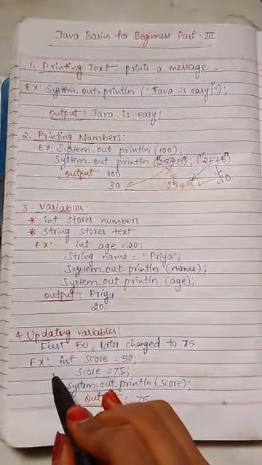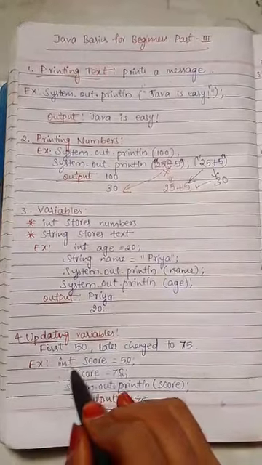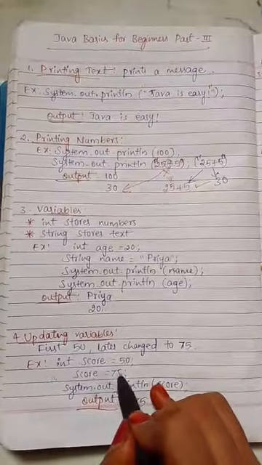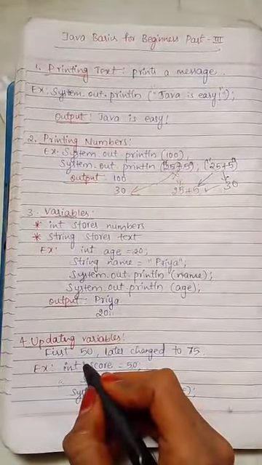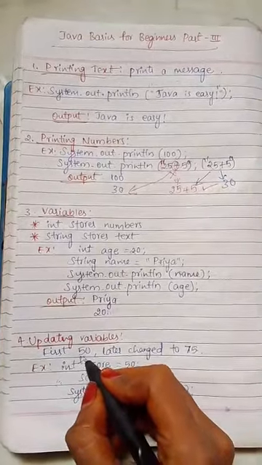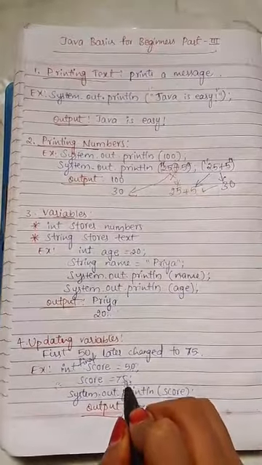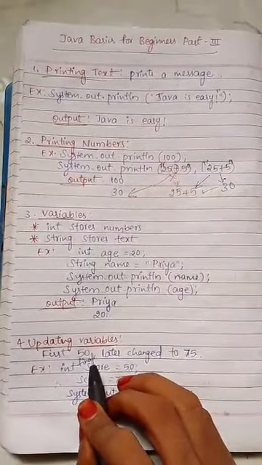If I use the final keyword here, before that, what value will it take? For example, if I use final int score is 50, then score is equal to 75, the value doesn't change because here I used the final keyword.